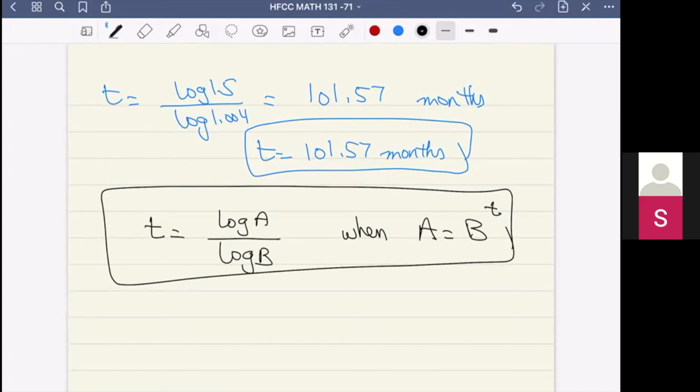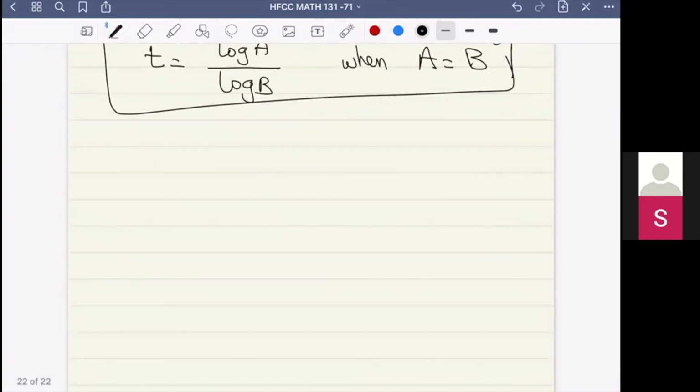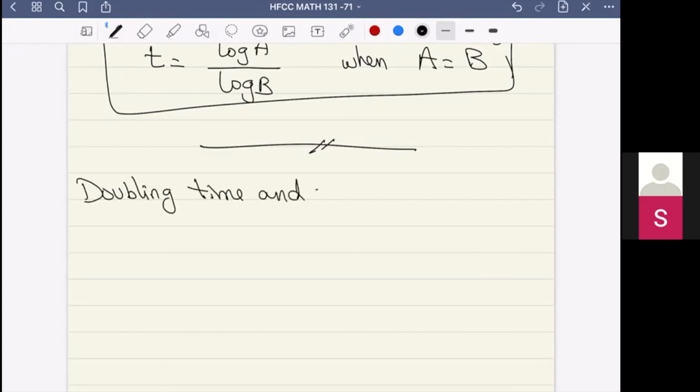The next, and I want to say final, thing we're going to be talking about is doubling time and more. Again, just a basic formula that you will be using: suppose we have a quantity that grows exponentially with a given base.